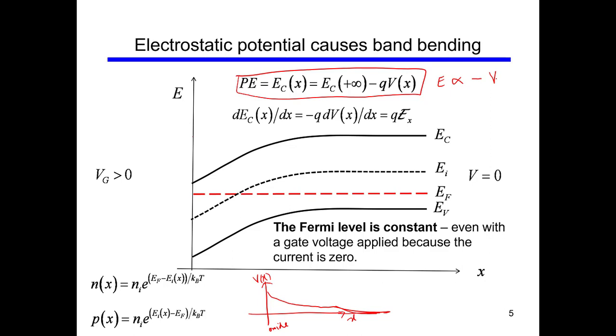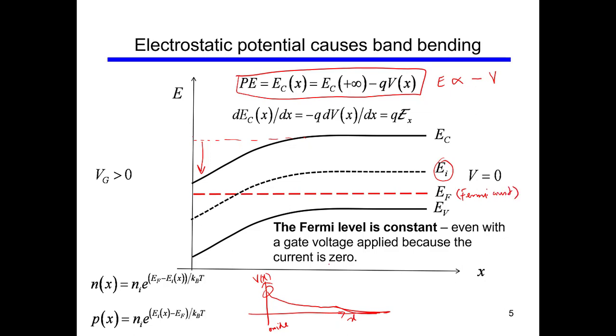So you see that before the conduction band was here, but now it moves from here to here. It is due to this applied voltage. Similarly, the intrinsic level has moved. So you can see that EI has bent and EV has bent, except the Fermi level. The Fermi level is constant.